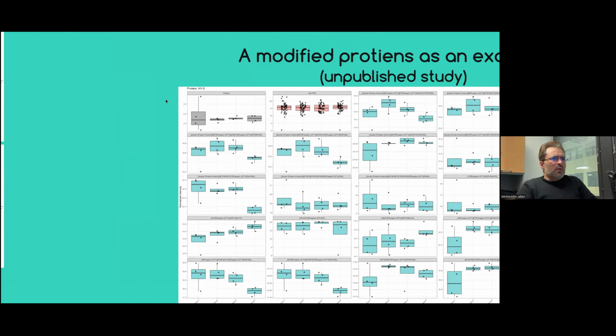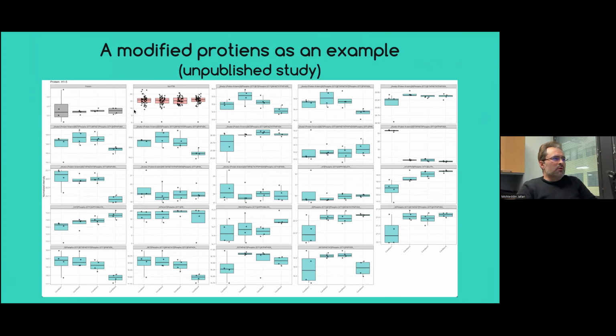One of those proteins, as I provided here, for example, is protein H15. You can see that there is no change in the protein abundance in all conditions: control, drug 1, drug 2, and the combination. And there is also no change in the peptide which has no PTM.